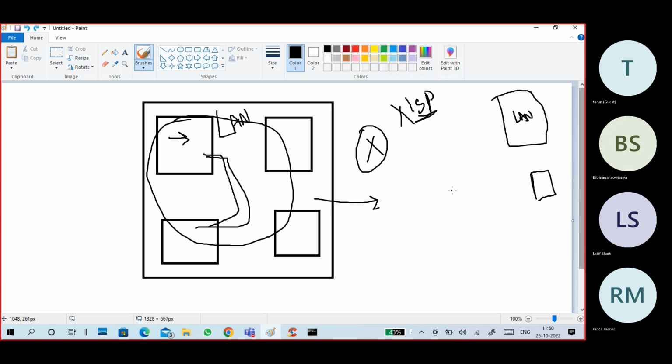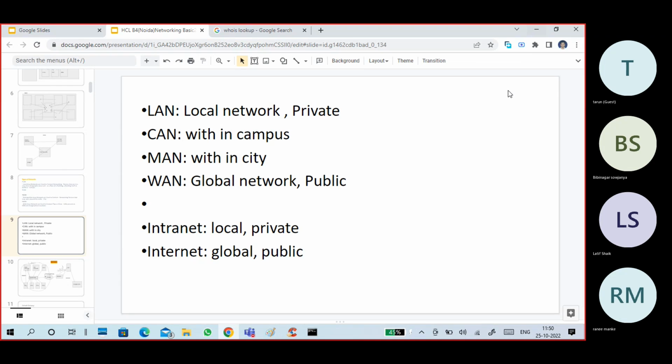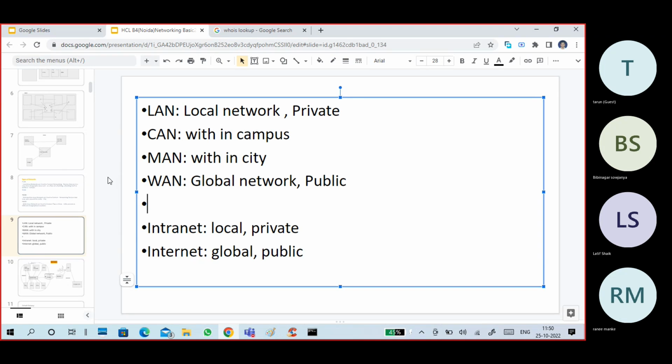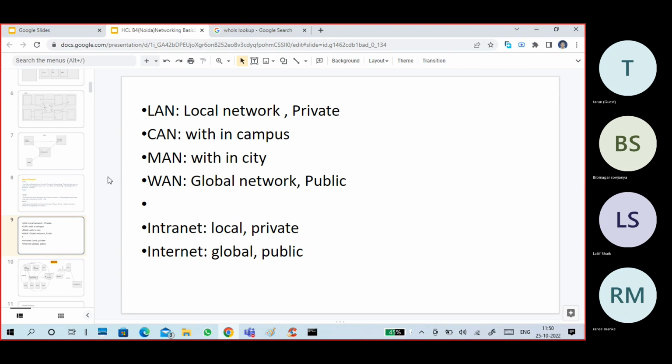Of course, lines are already there, so you have to go through those lines only. So you go through your ISP connectivity, and then we can get connected. That is through WAN connectivity only, wide area network connectivity. It's a LAN, and it is another LAN, but both are connected via WAN connectivity. That is the global, public network.